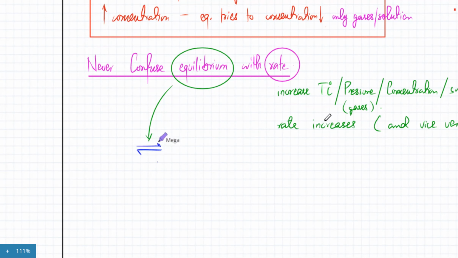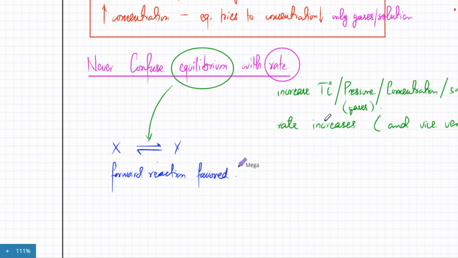So you got two reactions. One of them is the forward reaction, and let's say this is X turning into Y. So when I say that changing a certain condition, the forward reaction is favored, let's say we apply the Le Chatelier principle and we figure out that the forward reaction is favored.